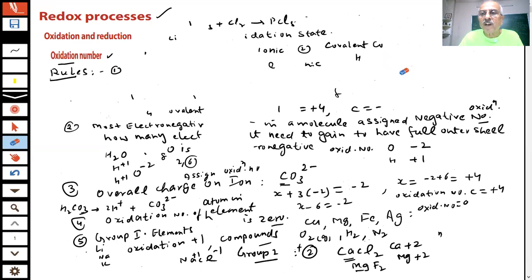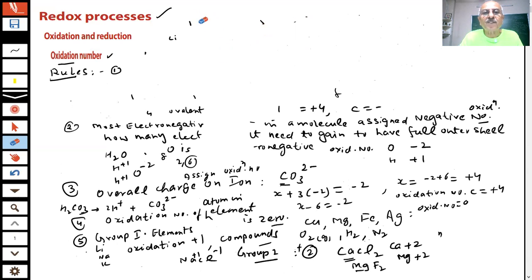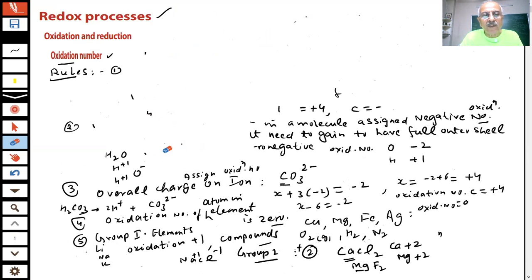This helps us in understanding the reactions, because in chemistry you will find there is a transfer of electrons, and we can use oxidation number ideas for these reactions. As we solve questions, it will become easier.